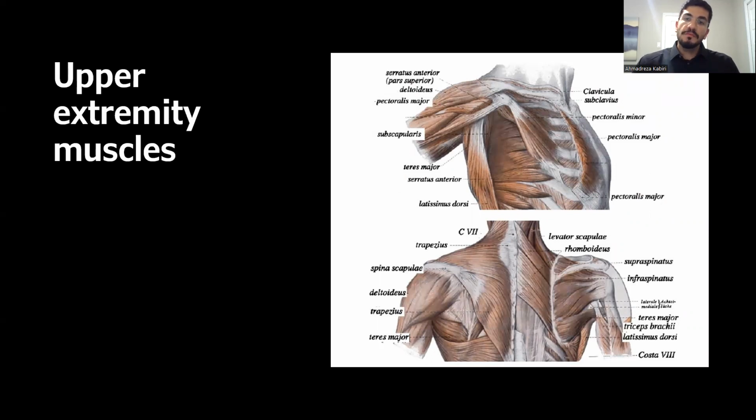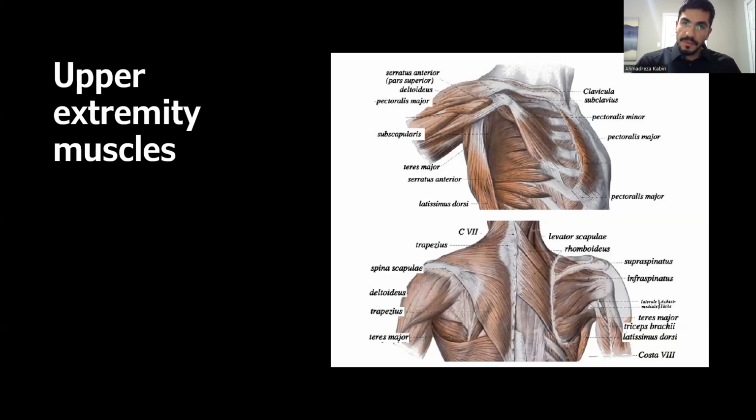The most important muscles, and I guess the most common type of injury that happens, are the cuff muscles. The cuff muscles are comprised of supraspinatus, subscapularis, infraspinatus, and teres minor. Another group of important muscles, mostly for the abduction movement of the arm, are the deltoid muscles.